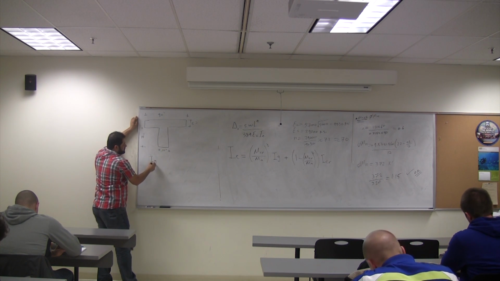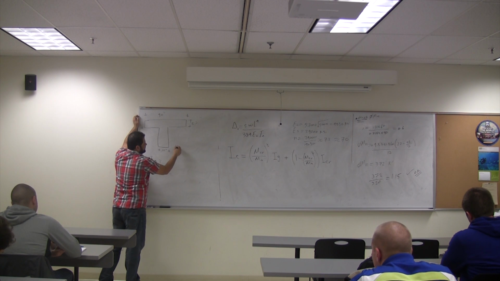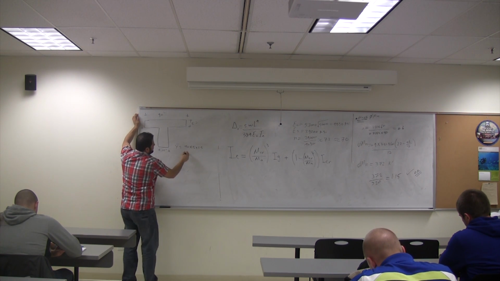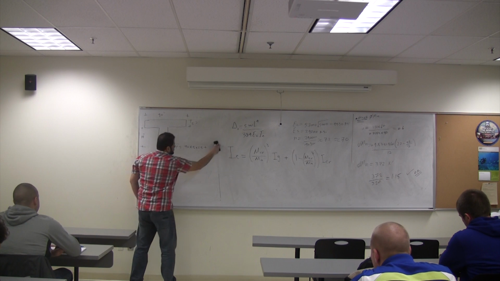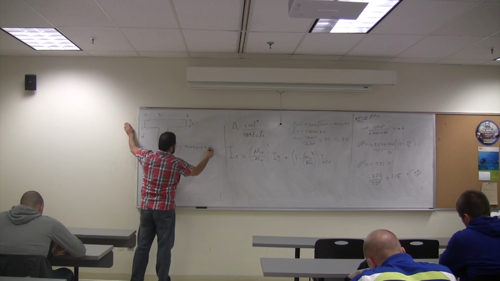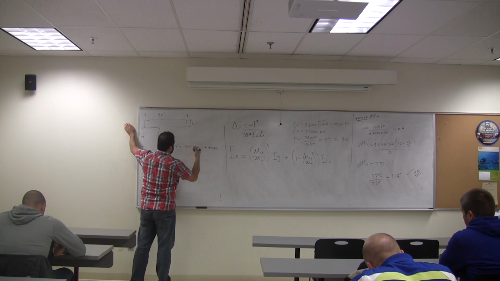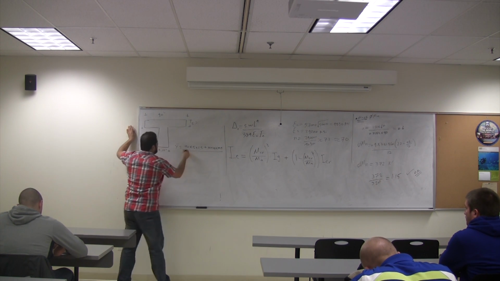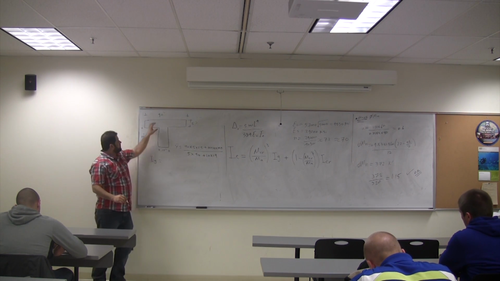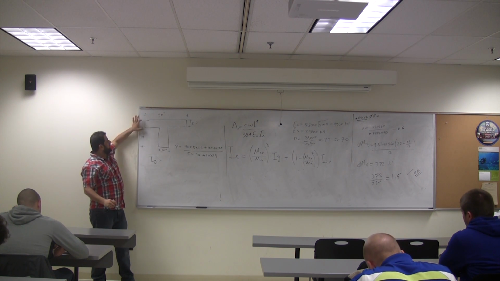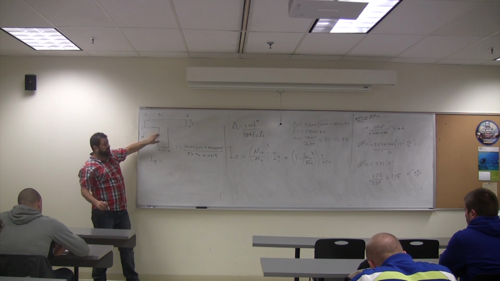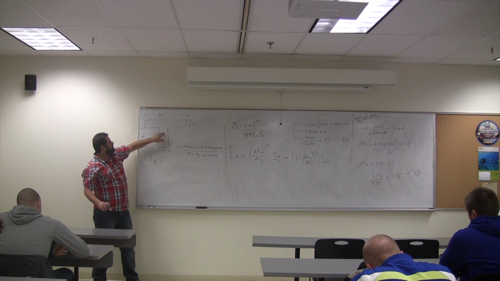Find Ig. We need y bar, right? For this T. For the top part, I'm trying to find y bar from the top: 90 times 5 times 5 over 2, plus 10 times 19 times the distance from the neutral axis of this one to the top.